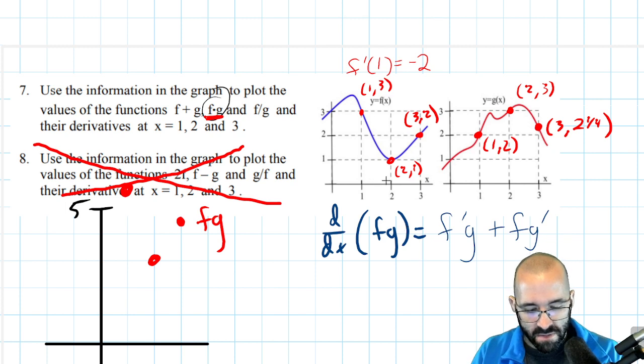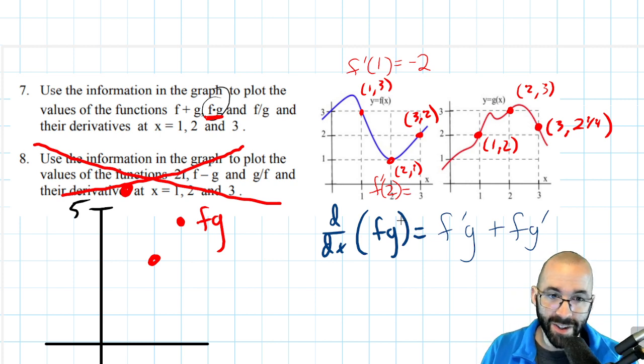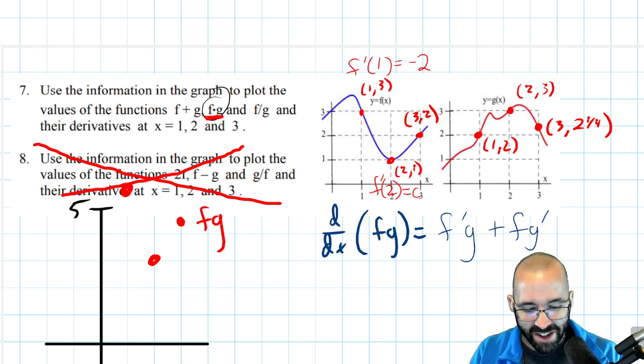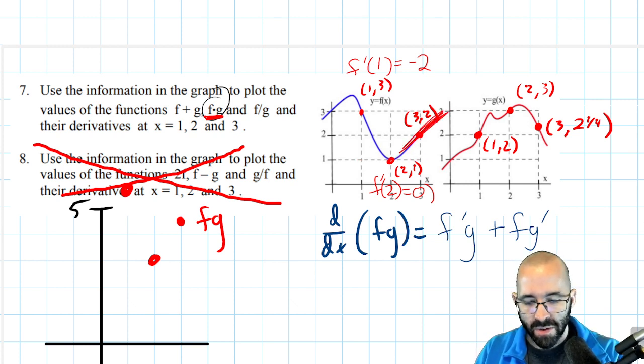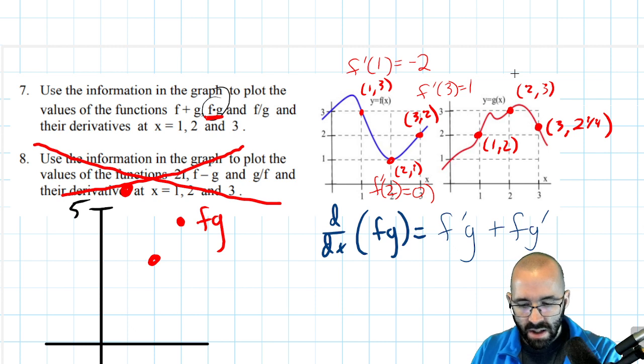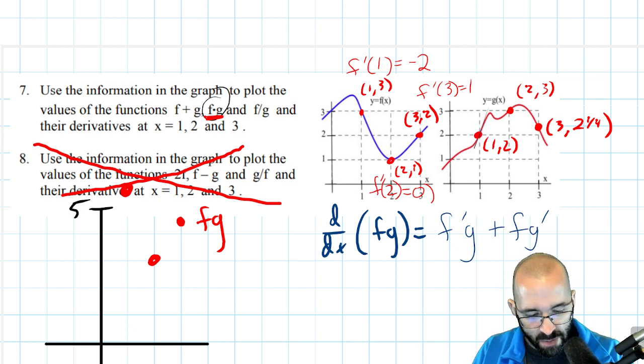Over here, oh, these are the same functions as before. I could just cheat, use my answers from earlier. The derivative here, it's not cheating, you can do it too, is the slope here is 0, right? We have a horizontal tangent line. And just like I remember doing before, the slope over here is about 1. So, what about over here? What's this slope?